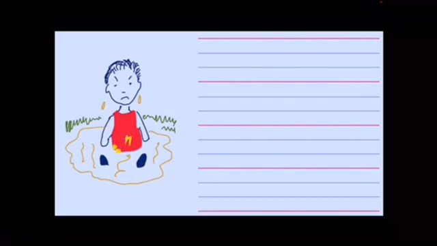Here's our sentence. Both moths on a thin top got a bath. Let's start at the beginning. Both moths. Both, capital B. And then think about the spelling.